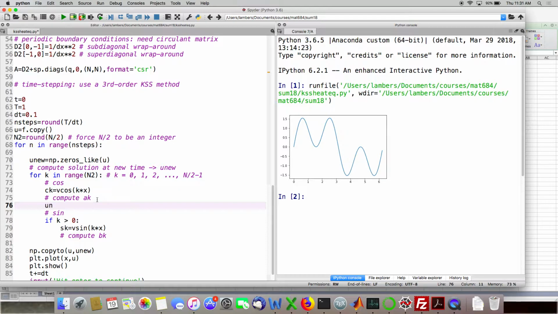So my new solution is equal to itself plus a_k times ck. This adds on a cosine term. And similarly down here, b_k times sk. So the only piece not filled in is how to actually compute a_k and b_k.